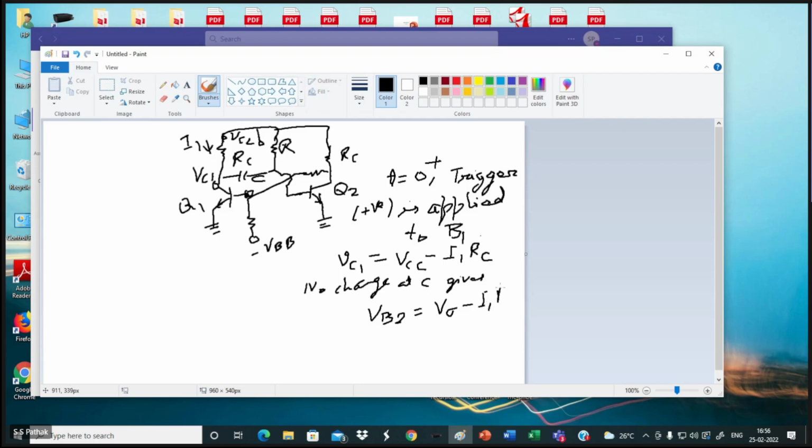Same thing comes here, translates. So what is my VC2? At 0 plus, remember, t equal to 0 plus I'm talking. I have not gone ahead now. At t equal to 0 plus, what is going to be my VC2?